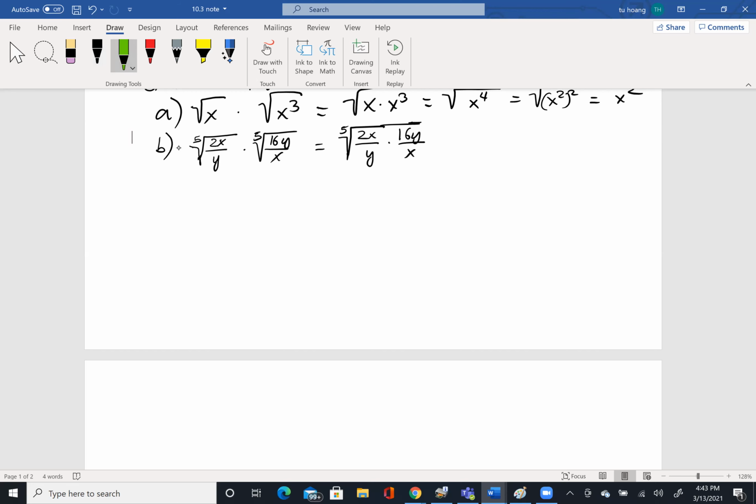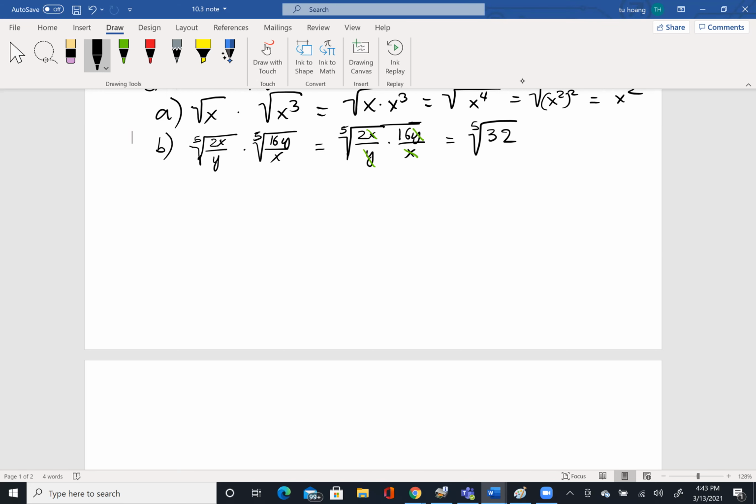you know that these are rational expressions. The product of the rational expressions inside of the radical, you can cancel the common factor between top and bottom. So y and y gone, x and x gone. Okay, and then now what you have is fifth root of 32.